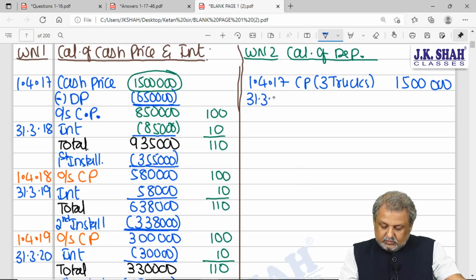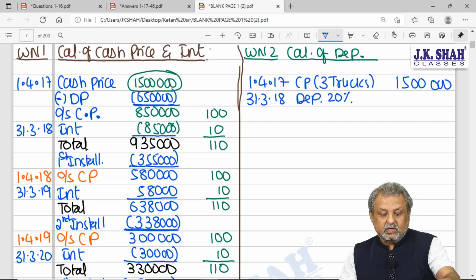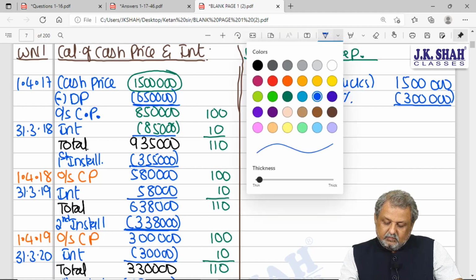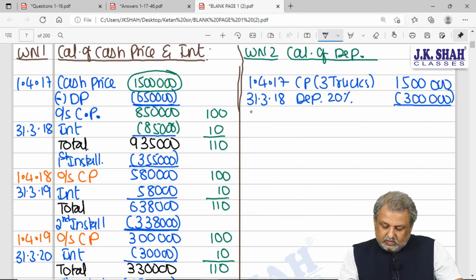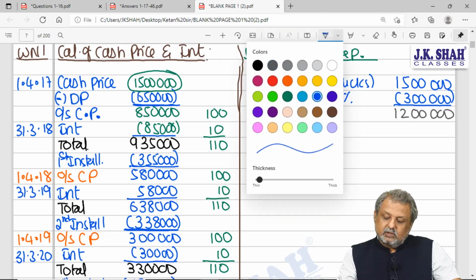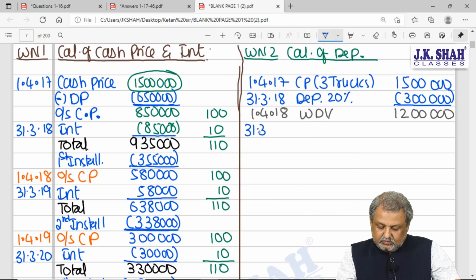Then 31st March 18, depreciation 20%. So 3 lakhs depreciation. So WDV on 1st April 18 is 12 lakhs. Again next year, 31st March 19, depreciation 20% of WDV.